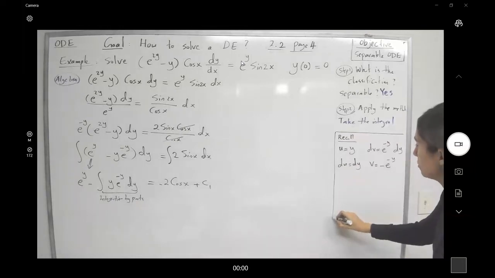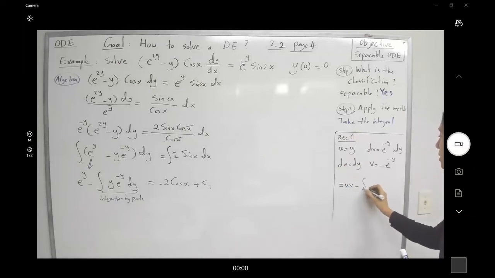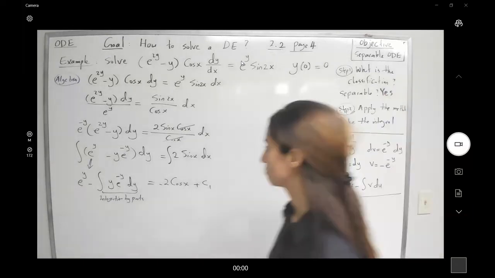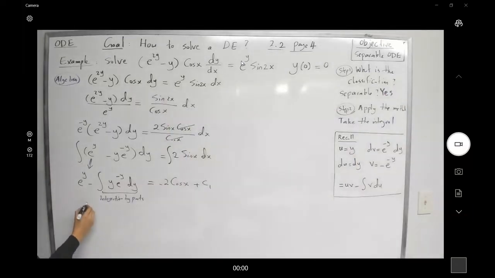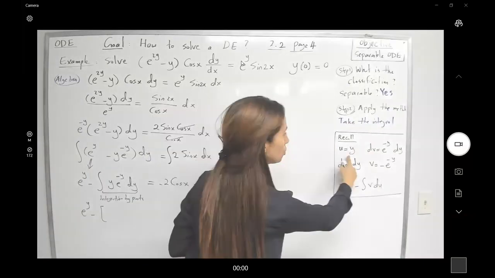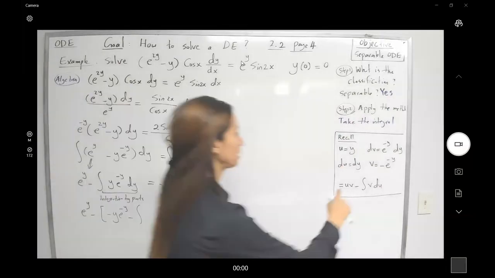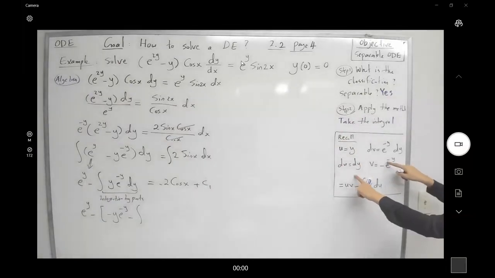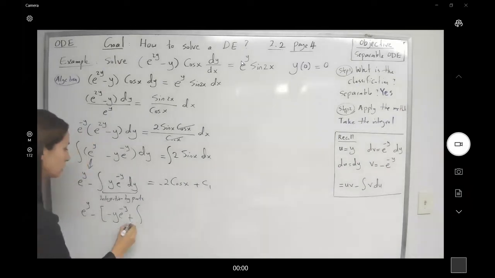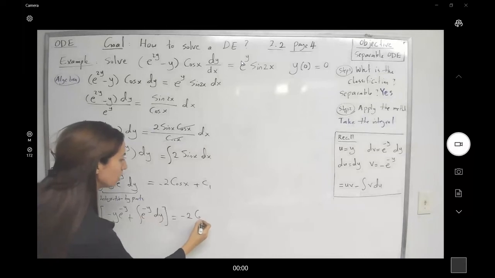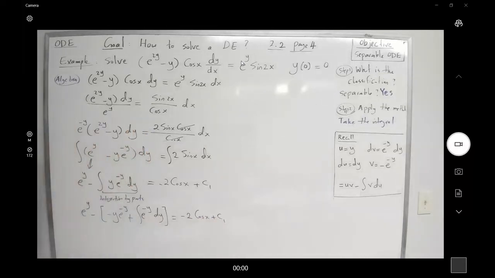So your integral becomes uv minus the integral of v du. So let us copy down e to the y minus, well, here you have uv, negative y e to negative y, minus the integral of v du, negative e to negative y dy. So you get a plus e to negative y dy equals negative 2 cosine x plus c sub 1.